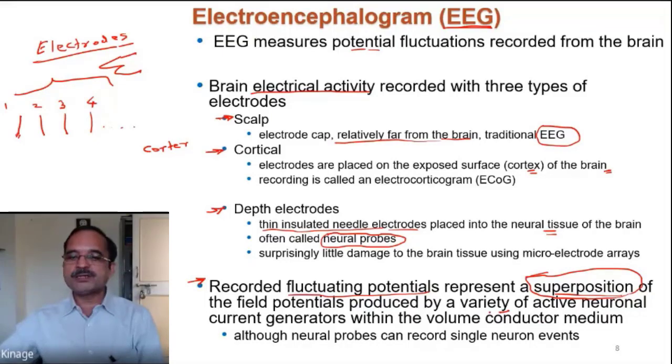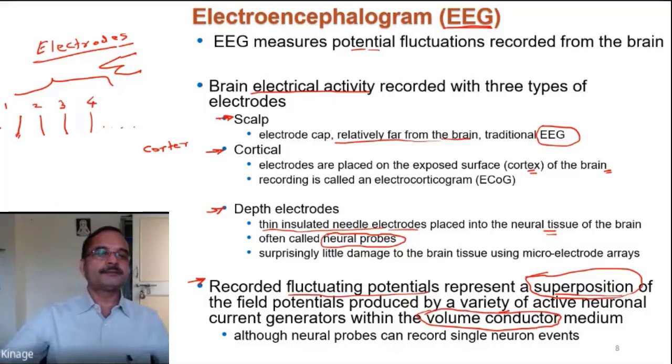Now this terminology, volume conductor, means that when you insert an electrode, it touches some part of the brain, but it will also measure electrical activity which it is not directly touching, which may be somewhat nearby.